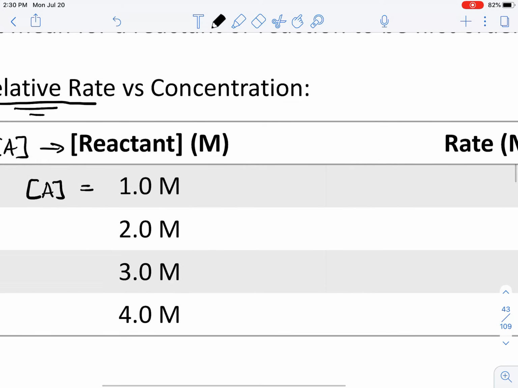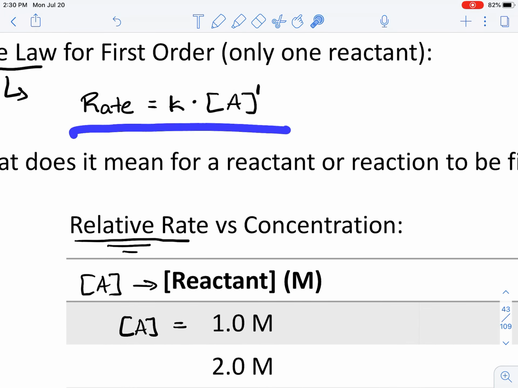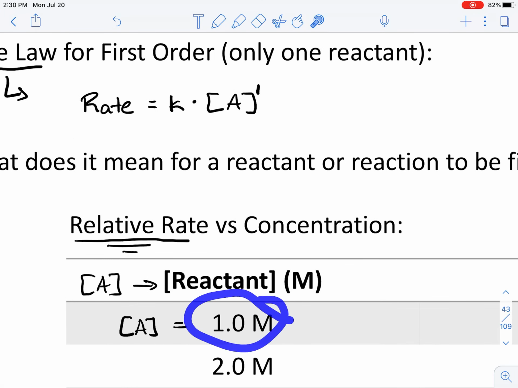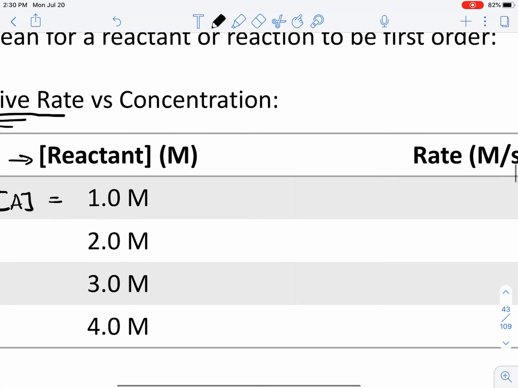We're going to take this general rate law and plug this concentration value in for A. Therefore the rate of the chemical reaction is equal to some rate constant k times the concentration of 1.0 raised to the first power.